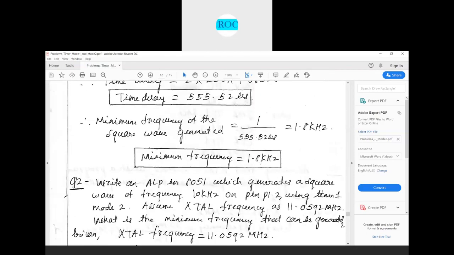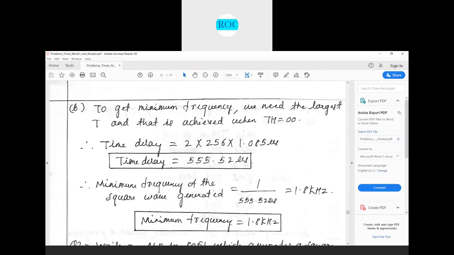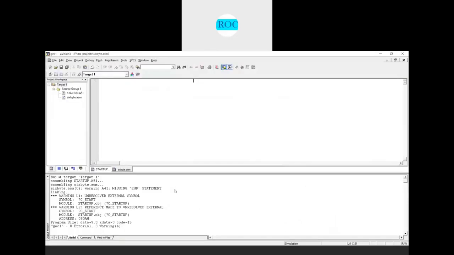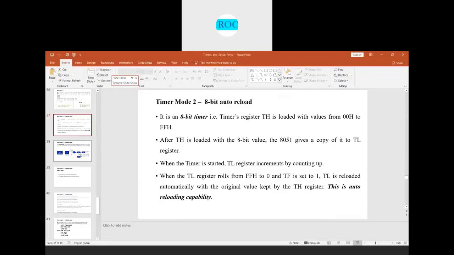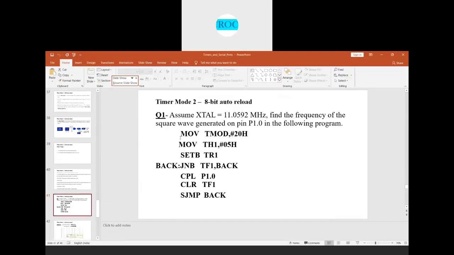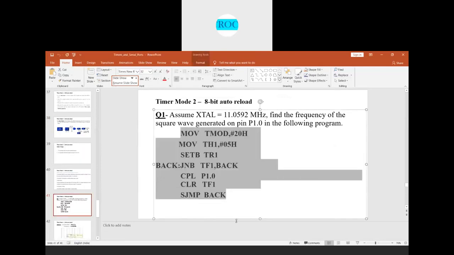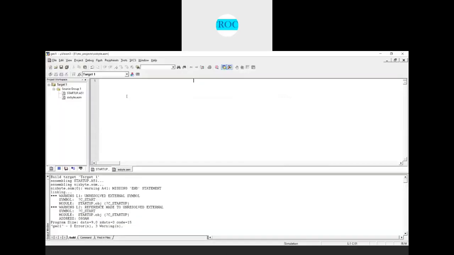We can run this program on the Keil software and see how the program is working. We'll copy the code.